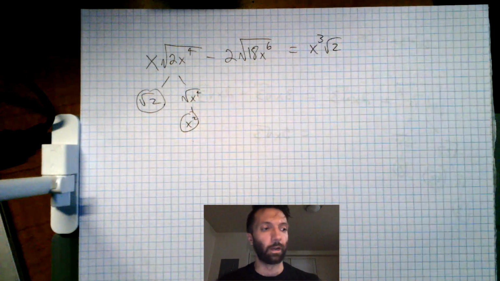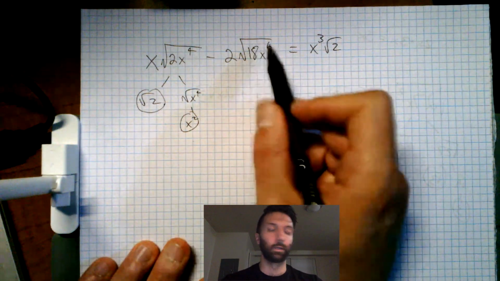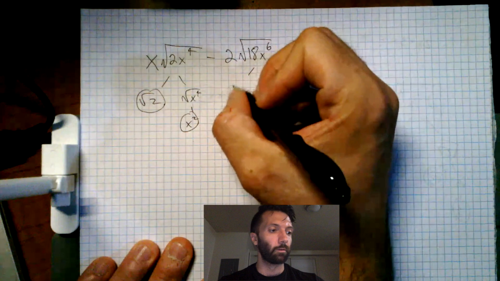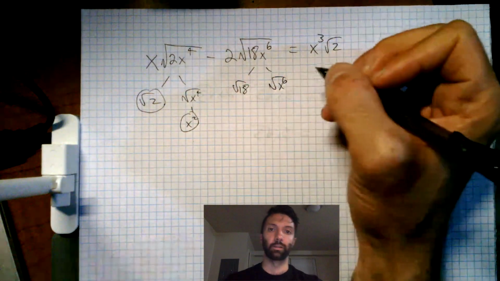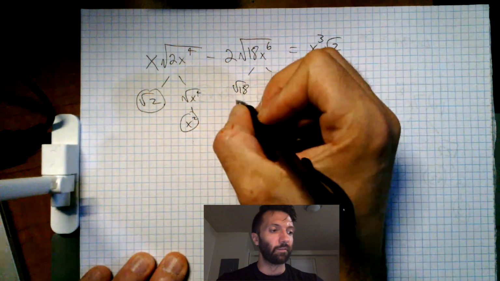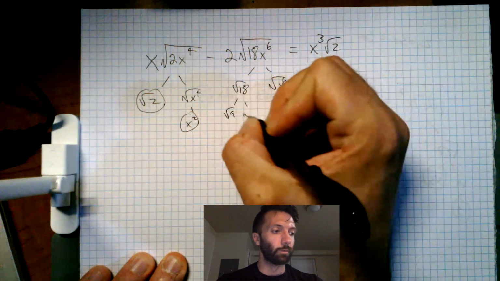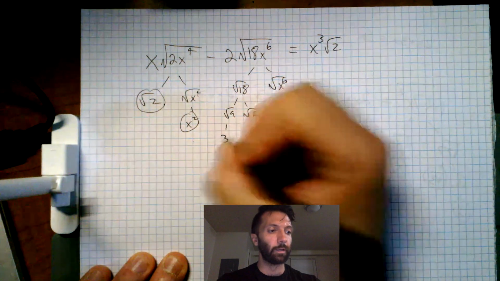All right, and now I'll go ahead and simplify this radical here. That's going to be root 18 times root x to the 6th. Root 18 factors to root 9 and root 2. And root 9 is just 3.